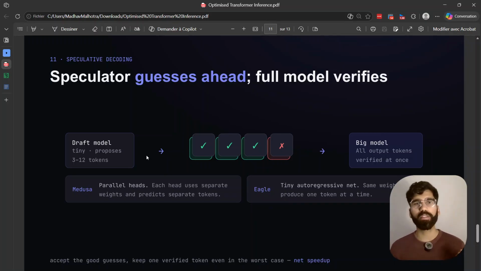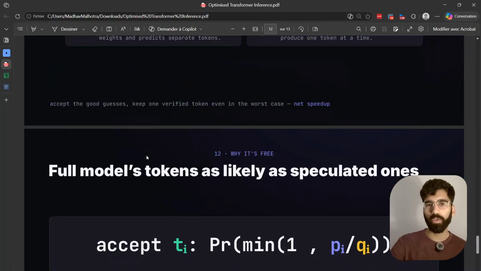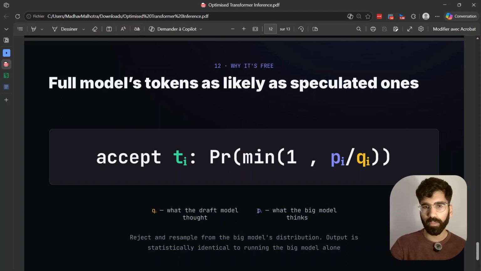If this is the case, then the speculator is not doing any worse of a job. It's not introducing words that are unlikely for the big model to say relative to itself. If that isn't the case, then we want there to be a chance that the words are rejected, and instead we can just use the probabilities for words that the big model generated and use them to select a word that has relatively high probability.